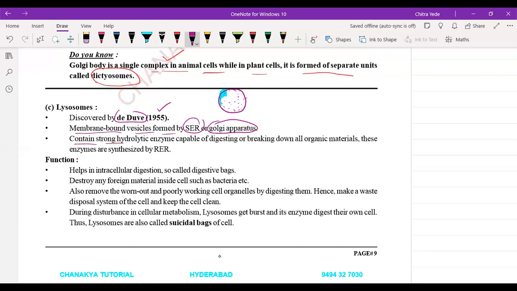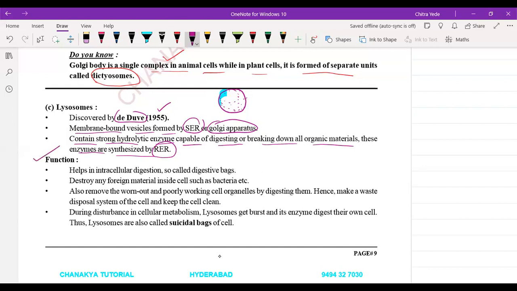It contains strong hydrolytic enzymes capable of digesting and breaking down organic material or waste from the cell. These enzymes are synthesized by the rough endoplasmic reticulum. It is very important because it is used to digest the waste material of the cell, so it is full of digestive enzymes.